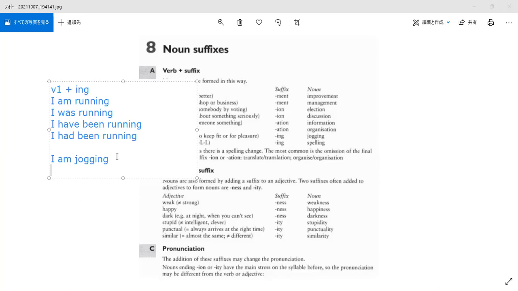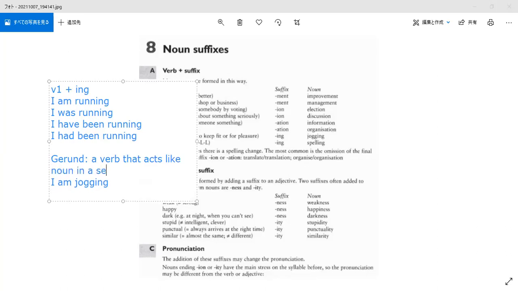So it's going to become a verb that acts like a noun in a sentence. Jogging is my hobby.